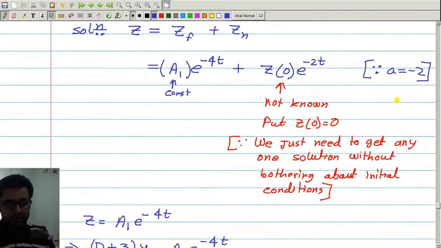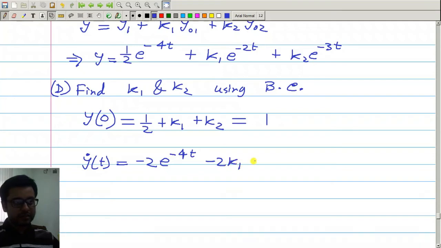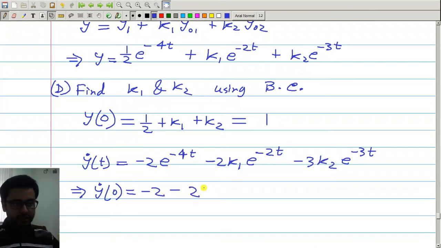Then let me differentiate this equation with respect to time, and we will get y dot t from here will be equal to half into minus 4, means minus 2, e to the power minus 4t, then plus minus 2 into k1 e to the power minus 2t, then minus 3k2 e to the power minus 3t, and if I put t equal to 0, then this is minus 2 minus 2k1 minus 3k2.